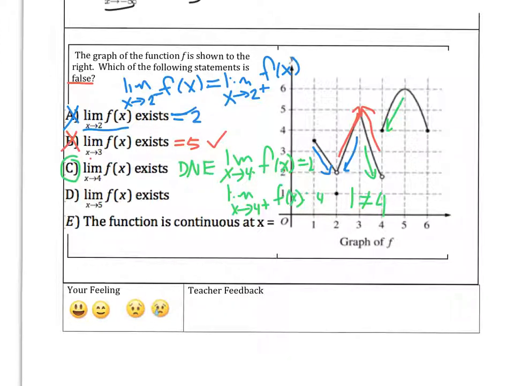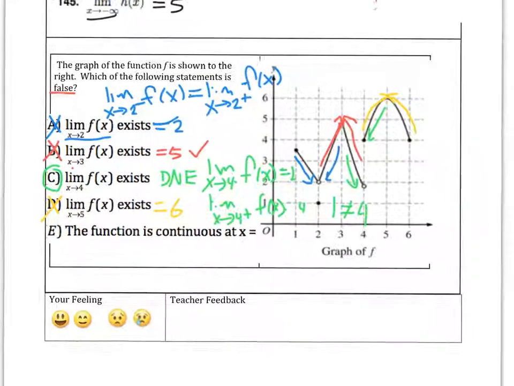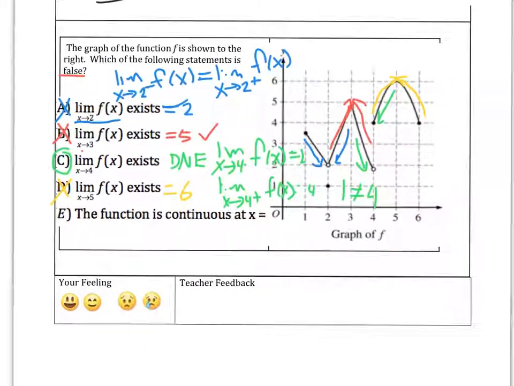But just to kind of keep going, the limit as x approaches 5 from both sides. Okay, I approach the same value, in fact the same point. That's equal to 6. And the function is continuous at x equals 3, because we already found the answer, and therefore this one can't be that.